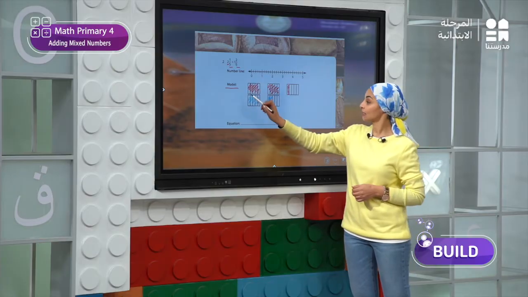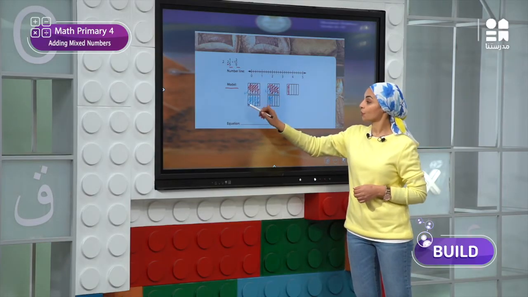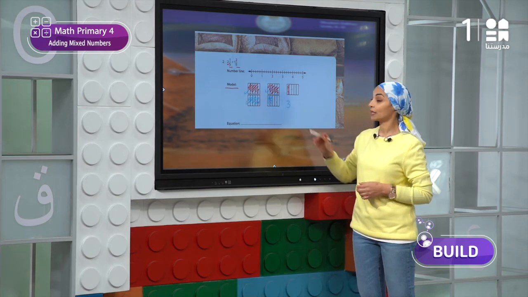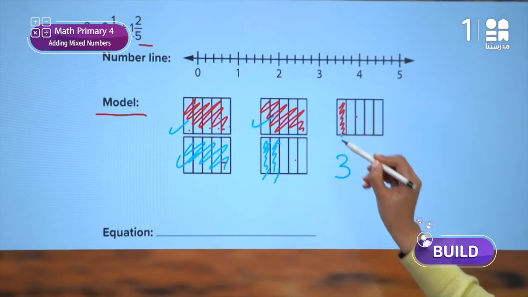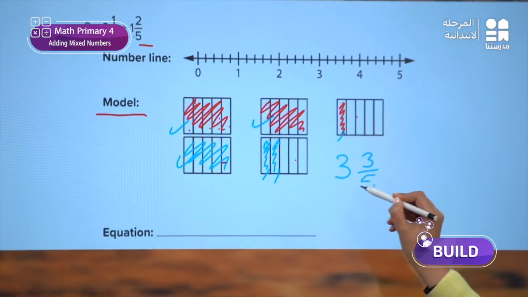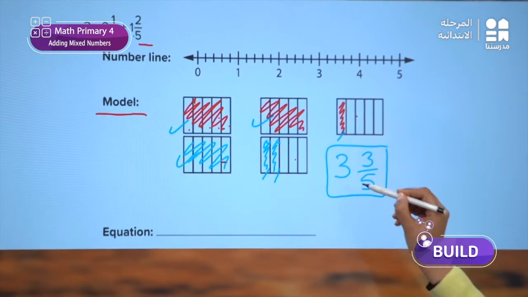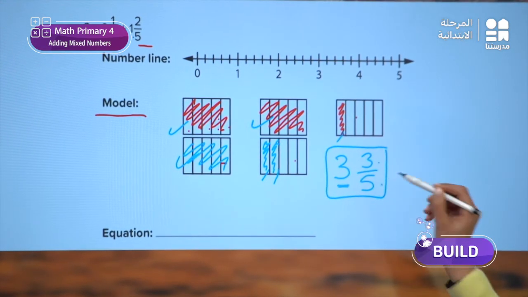I have 1, 2, 3 whole models, so I have 3 wholes. What about the fractions? I have 1, 2, 3 out of 5, so the answer of this problem is 3 and 3 over 5.